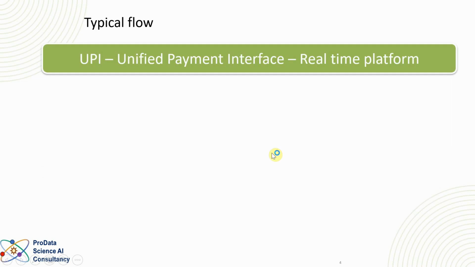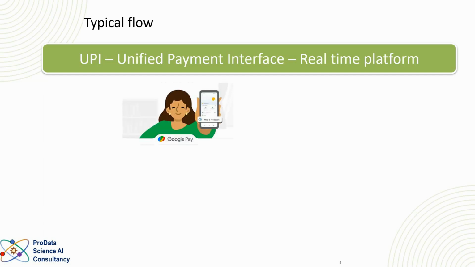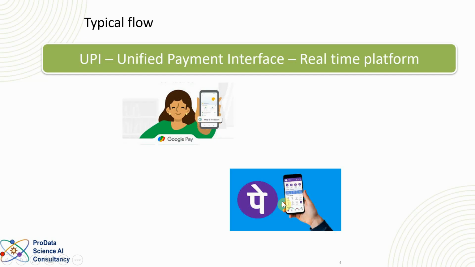Now let's understand what UPI stands for. UPI stands for Unified Payment Interface, and it works on a real-time platform basis. So essentially, if you're transferring money, the person will get the money instantly, not with a delay. Here, one person uses Google Pay and transfers money to a person who is using Phone Pay.